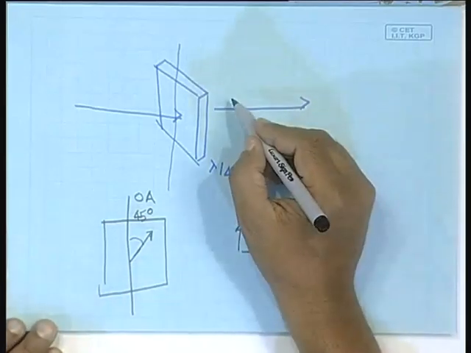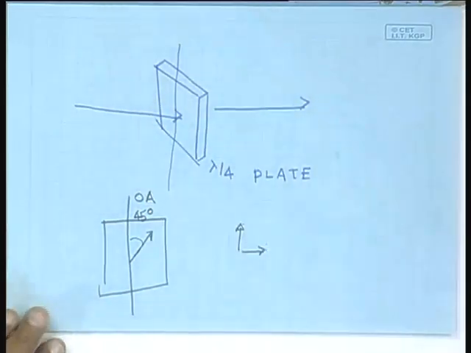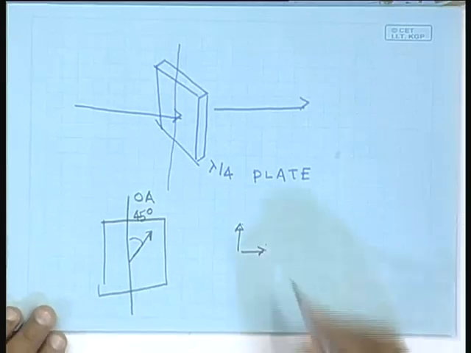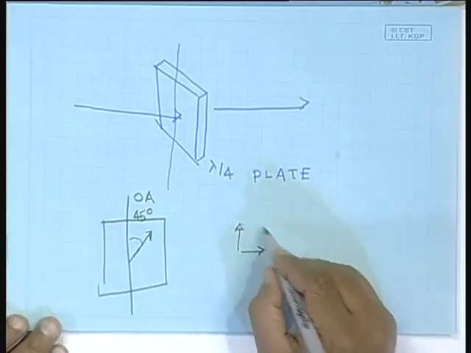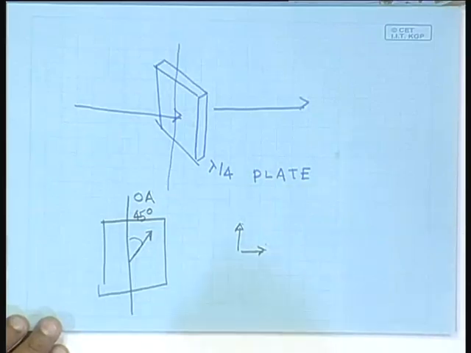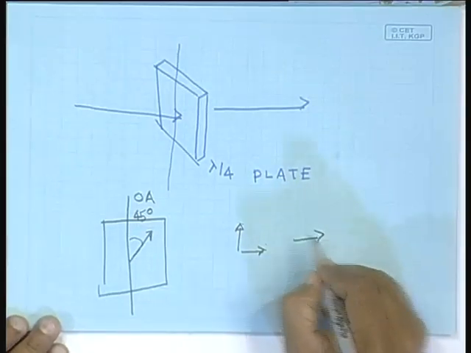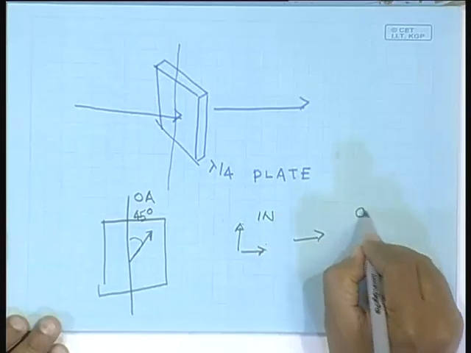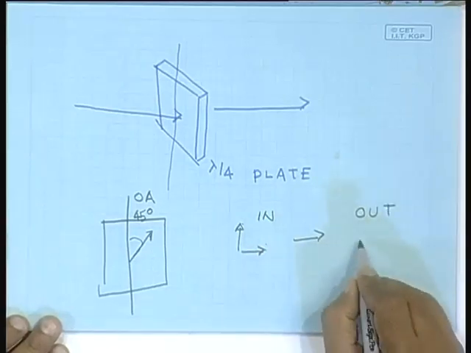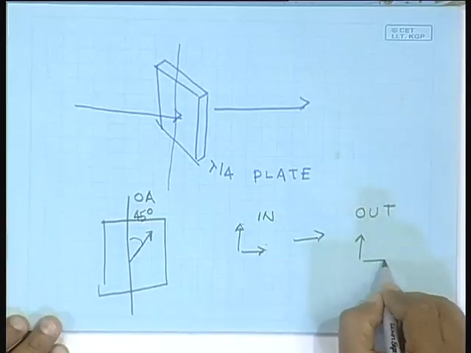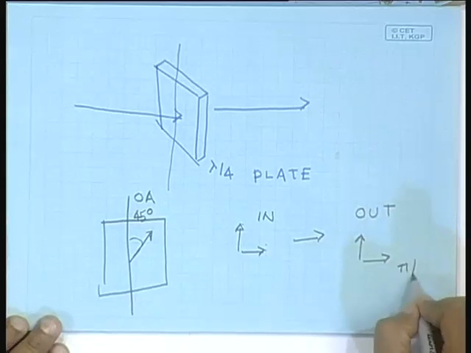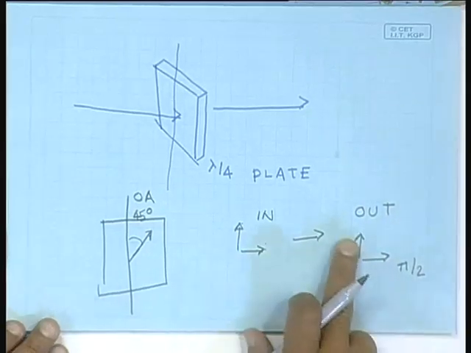So, this is the incident light. When the light comes out, you have introduced a phase difference of pi by 2 between these two components.